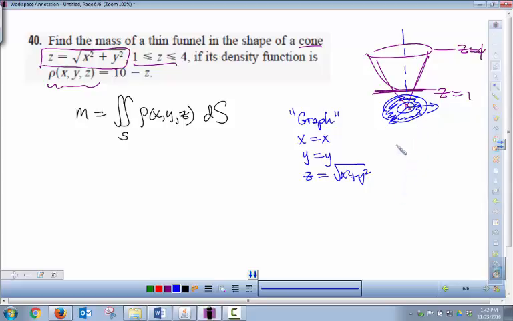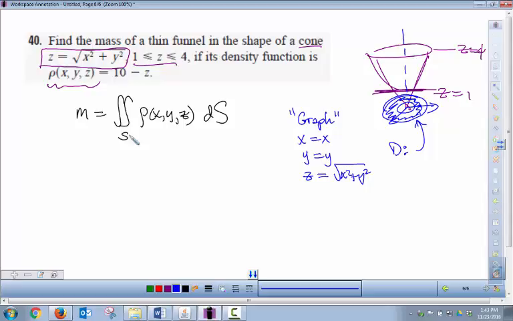Right? So your domain for your double integral, so the surface integral is essentially going to be changed into a double integral so that we can compute it. And for the double integral, you need a domain. So what I'm going to have you do is just work things out in the graph parameterization form and then make your appropriate change of variables if you need to.